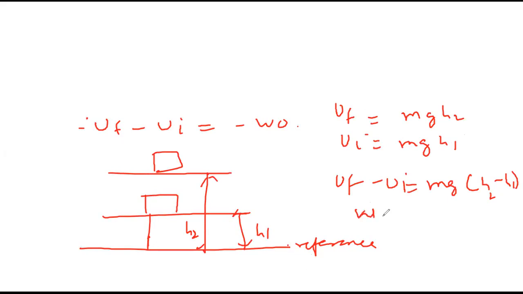That is, work done by gravity will be minus of mg(h2 minus h1). Gravity force is a conservative force, so work done is minus mg(h2 minus h1).